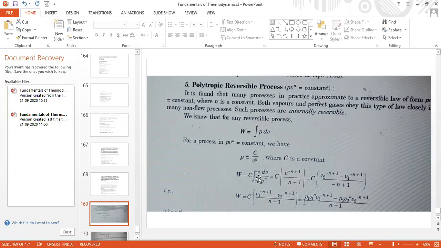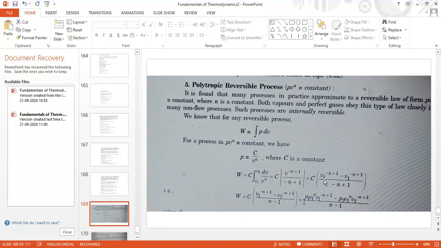So there, volume is raised to the power minus n, because 1 by V^n is equal to V^(-n). So the volume is raised to some power which is minus n, and here when the integral is removed, we have to write V^(-n+1) by (-n+1), and these limits are applied, that is 1 to 2 on volume.